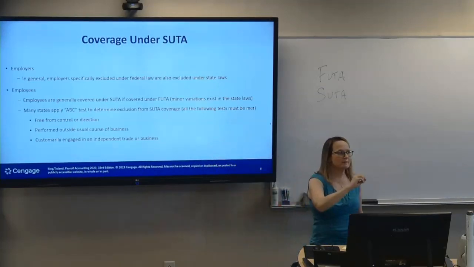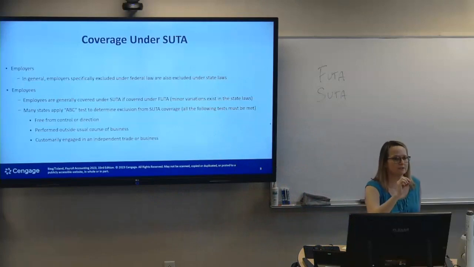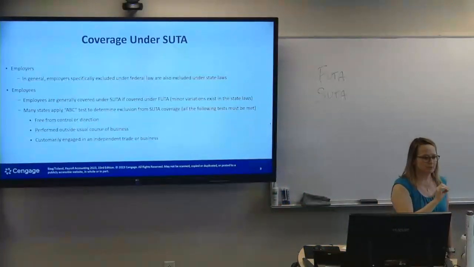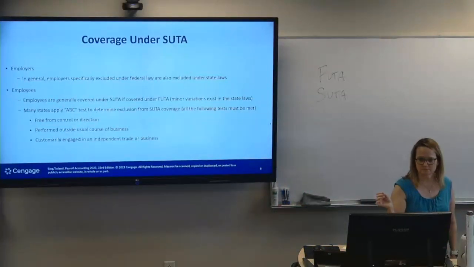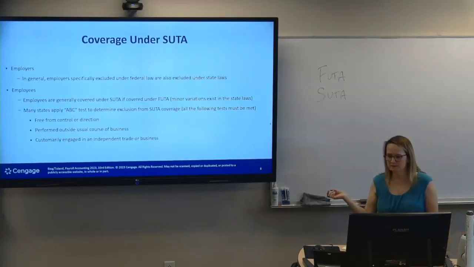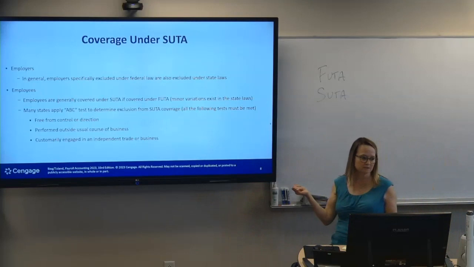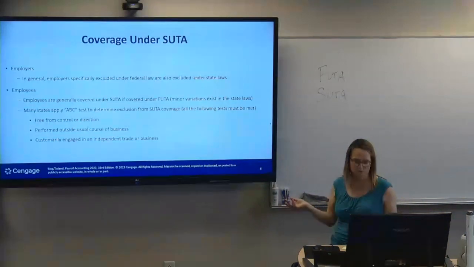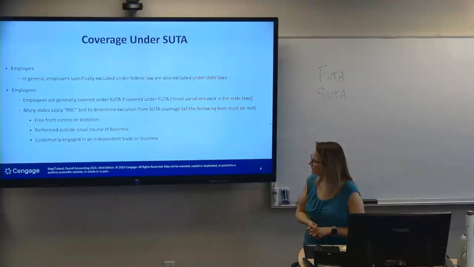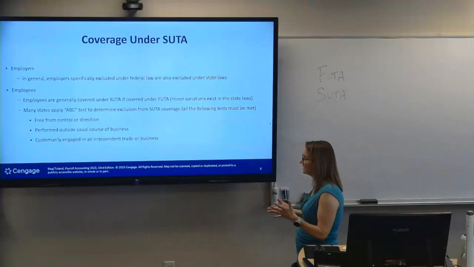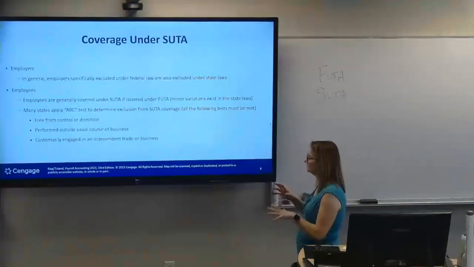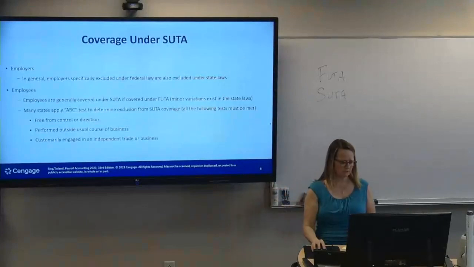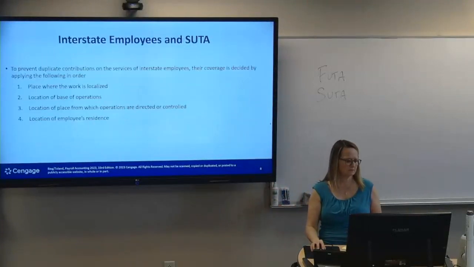When we're talking about SUTA, it gets a little weird because you might have employees who work in different states, right? Maybe they work part of the time in Illinois and part of the time in Iowa. So how do you determine which state is covering their SUTA? That's what they're talking about here.